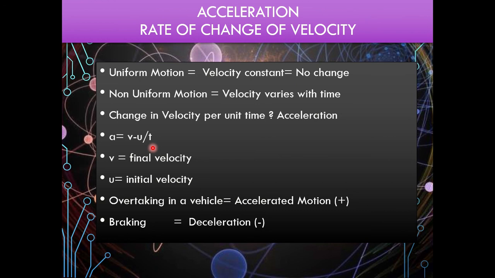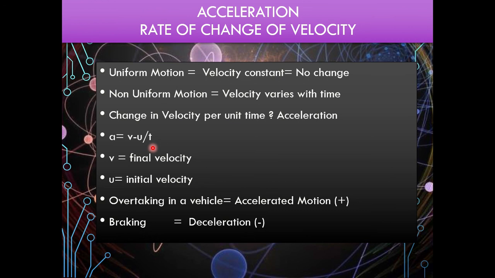After overtaking, you have gained some speed, 70 km per hour. You are moving at 70 km per hour. Then immediately there is a vehicle, and you put on the brake. So 70 km per hour comes down to 10 km per hour. Immediately you slow down.